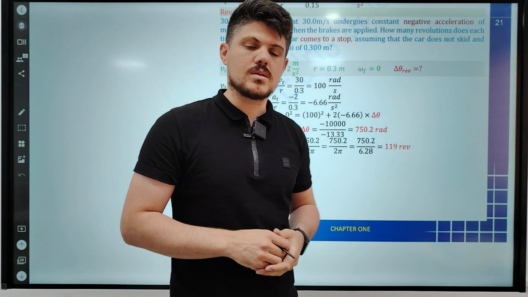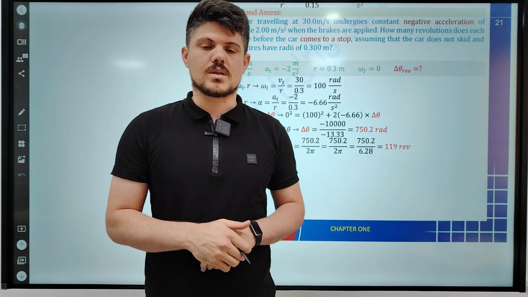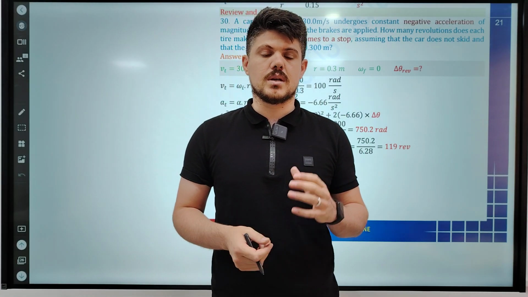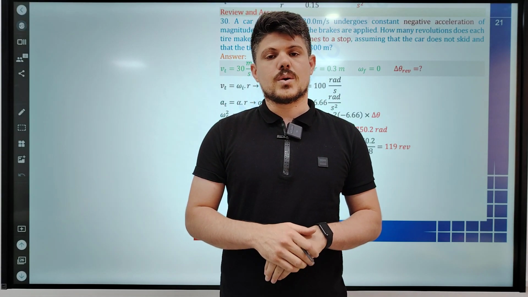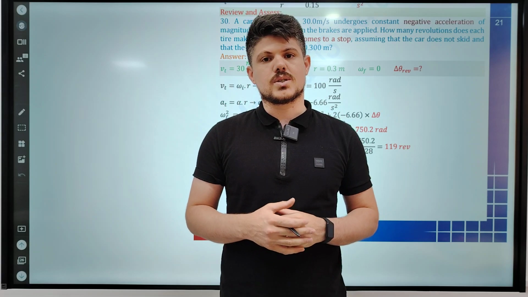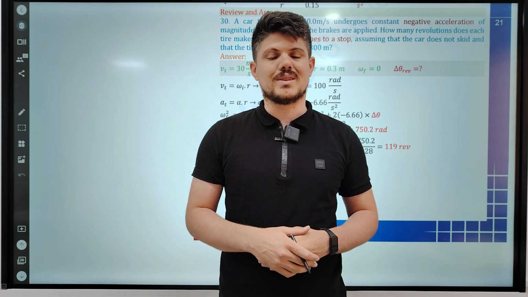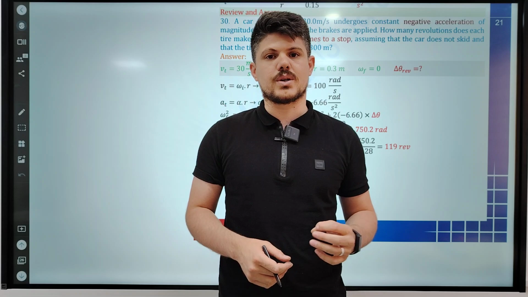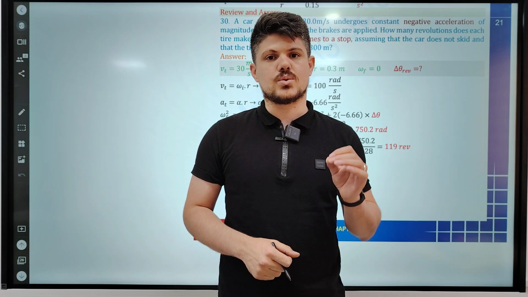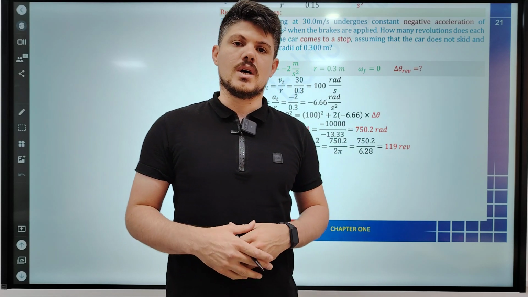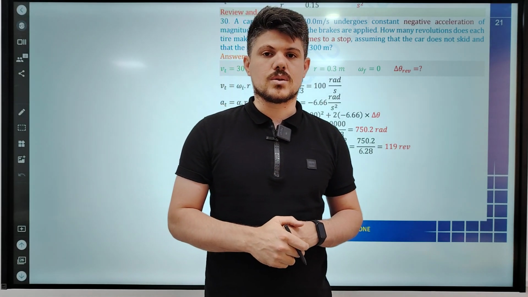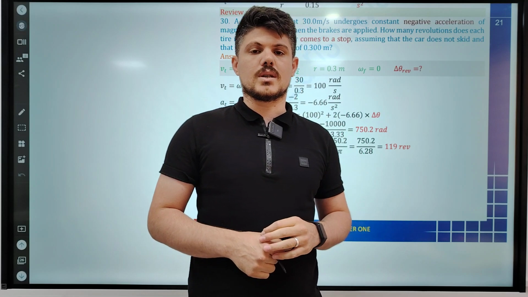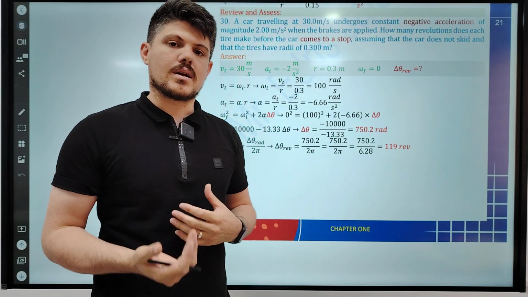But before solving this question, I would like to give you a brief recap of the previous lessons. In the previous lessons, we discussed tangential acceleration, which is equal to the instantaneous linear acceleration of an object directed toward the tangent of the object's motion that is moving in a circular path. The tangential acceleration can be positive and can be negative.